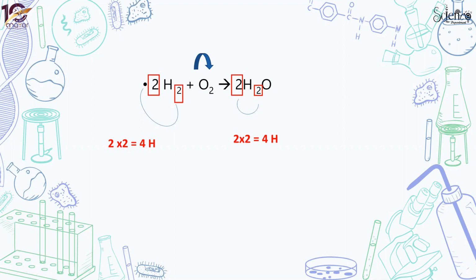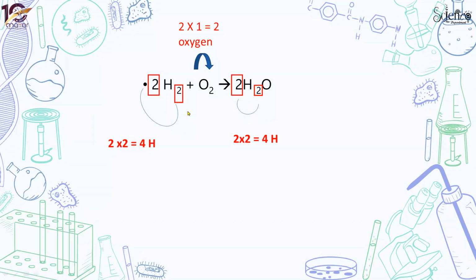When we count for balancing, we count atoms. So I have 1 as a coefficient, and next to it we have this subscript, which is 2. So 1 times 2, it means we have 2 oxygen atoms.